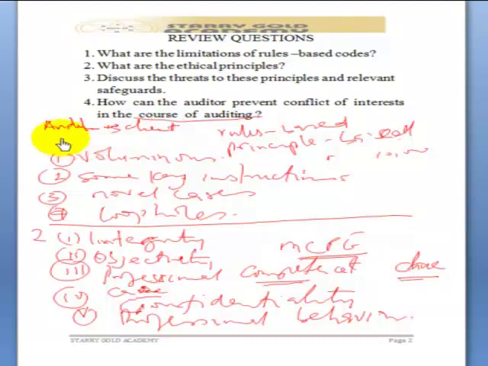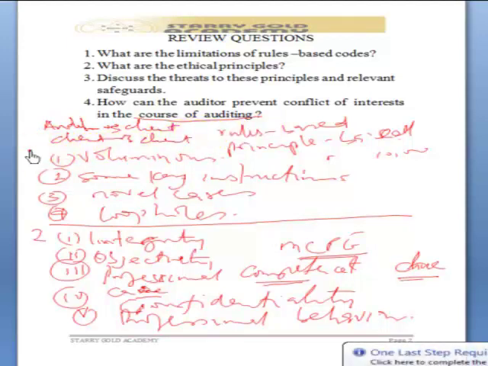Then you can have client versus client. For example, if you have an auditing firm that is auditing MTN and Glo at the same time, this is going to be a very serious issue, because conflict of interest could occur.